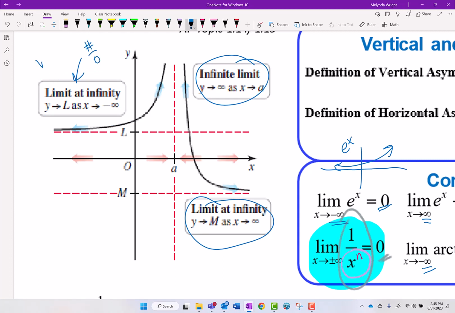These are from our normal limits. We've actually already talked about how to do these limits, as x goes to, right here. So this would be like this one. We're headed to, where are we?